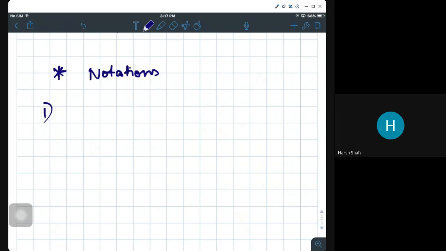Okay. So the first notation we use is the simple notation, directly writing the values. This is 1 2 3 4 5. This is a set. This is one notation of it, right?